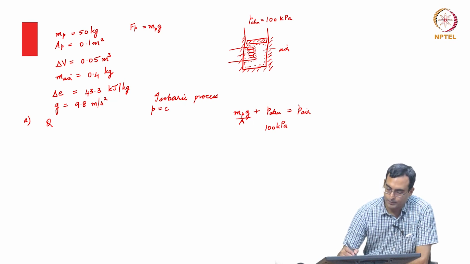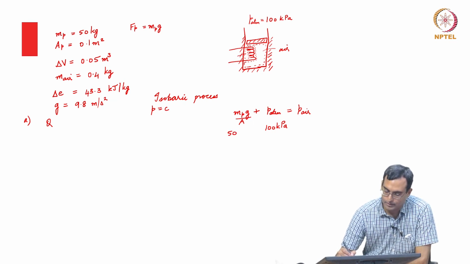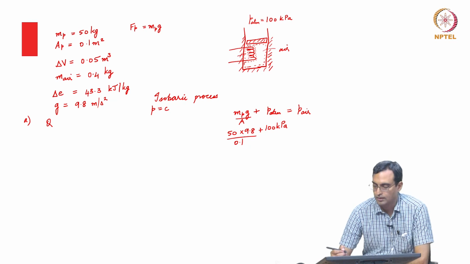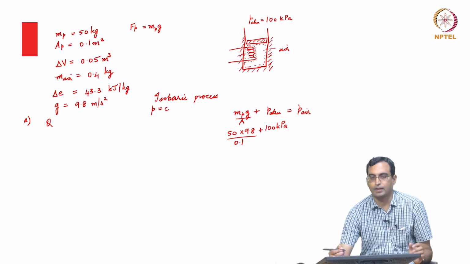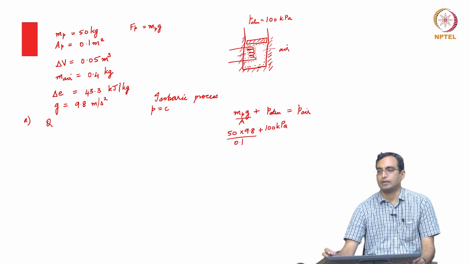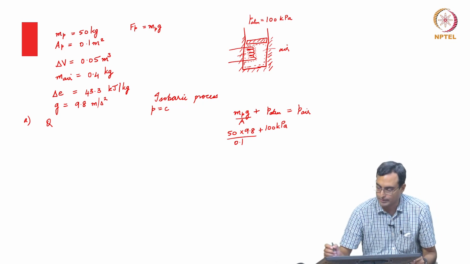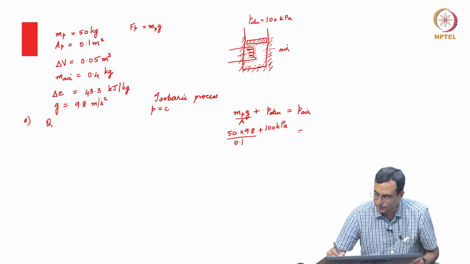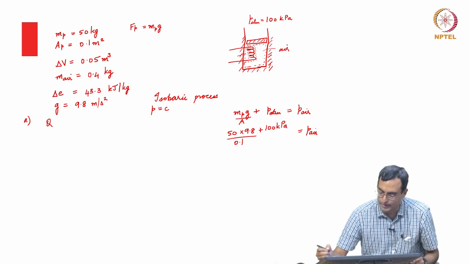We have the mass of the piston, which is 50 kg, into acceleration due to gravity, 9.8 meter per second square. So that is kg meter per second square, and we are going to divide it by area, which is 0.1 meter square. So we get kg per meter second square, which is essentially a pascal. So this would be the air pressure.